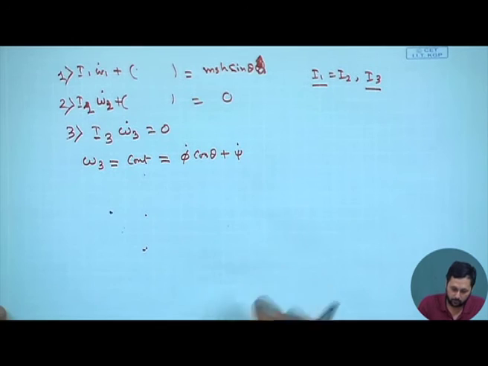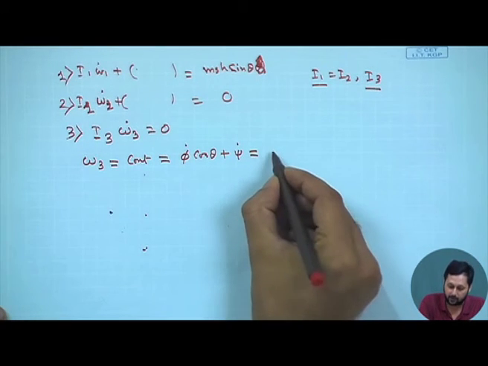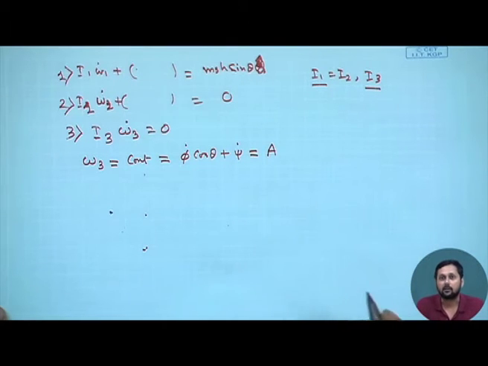So, essentially we will see that there are three conserved quantities we can write out. When we deal with Lagrangian dynamics, we will revisit the problem of the symmetric top, and there we will see that these conserved quantities are nothing but the conjugate momenta associated with certain coordinates, which will be obvious from the Lagrangian of the system.